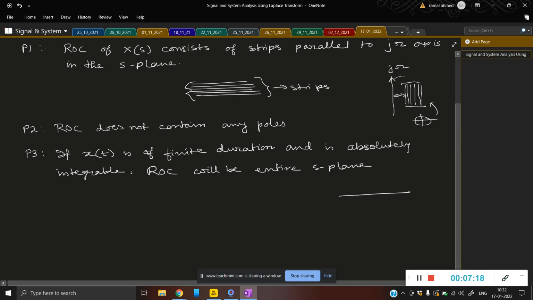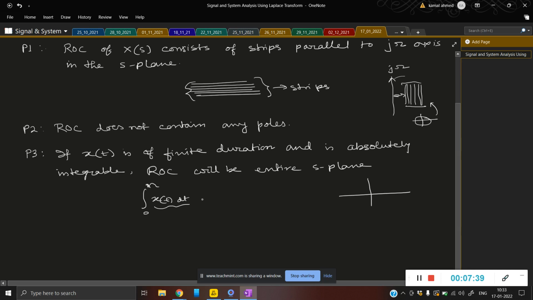That means suppose the integral of x(t) dt from 0 to n, so it is integrable.